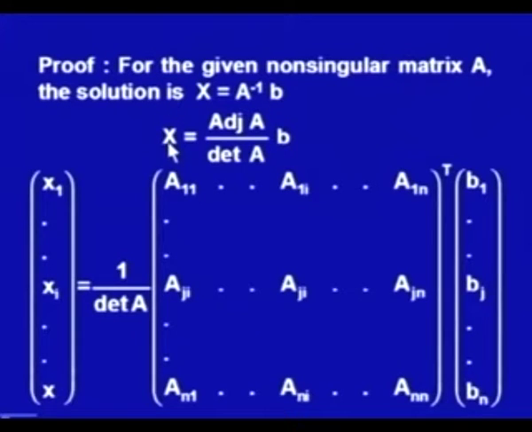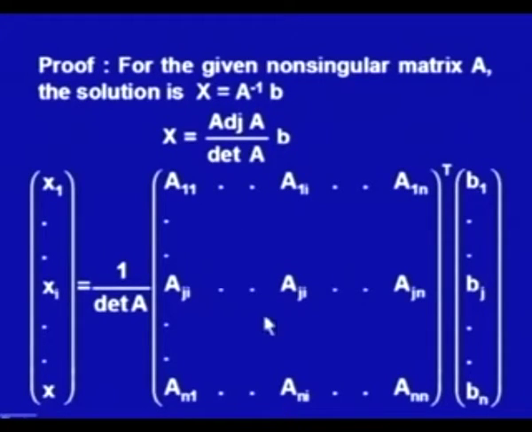On the left hand side, I have the column vector x1, xi, xn equal to 1 over determinant A, then the adjoint of A, and then the column vector b1, bj and bn. So, this is the matrix adjoint of A, where A11, A1i etc. are the cofactors of the corresponding elements in the matrix A, and then we take the transpose.